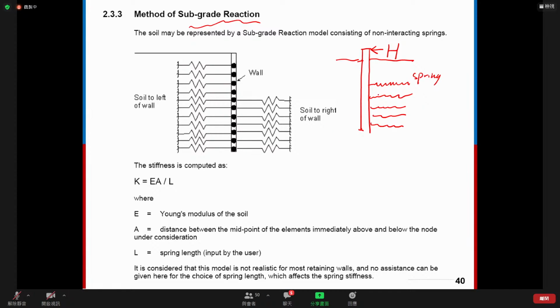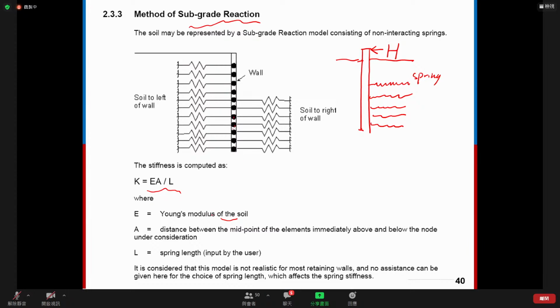And the stiffness of the spring is calculated by this equation. It's the same as the one you learned in pile foundation. And E is the Young's modulus of the soil, and A is the distance between the middle point of element of two adjacent nodes.